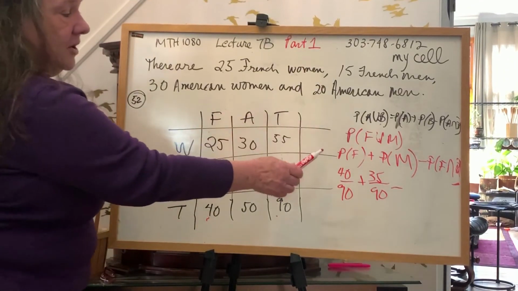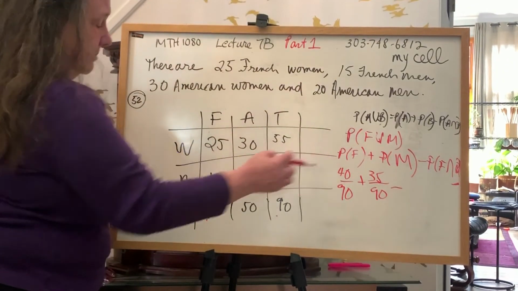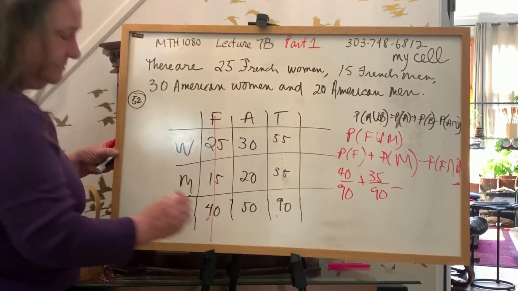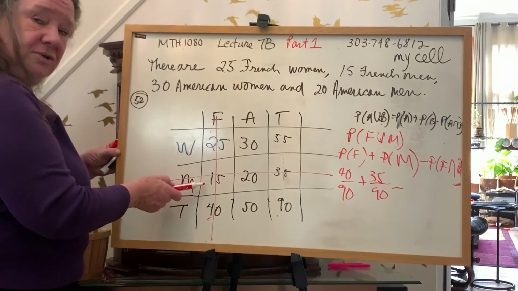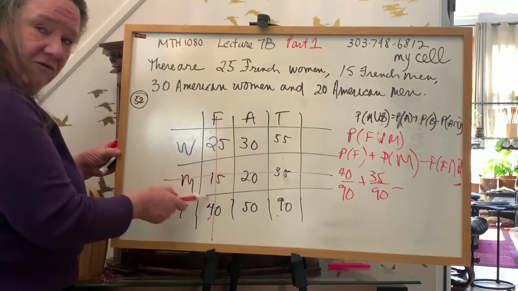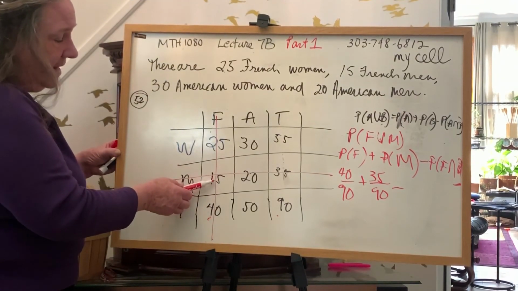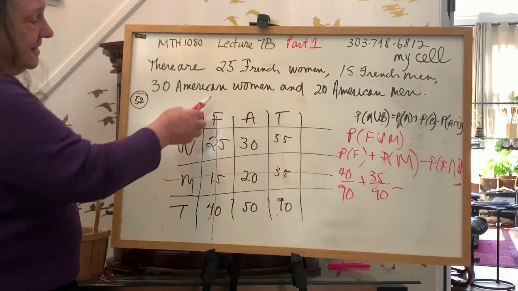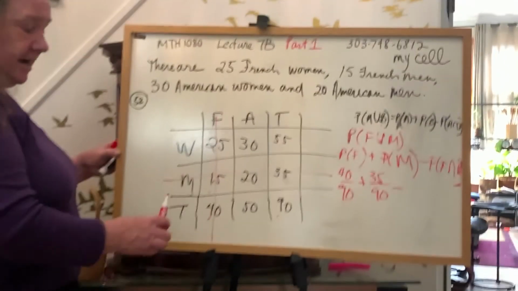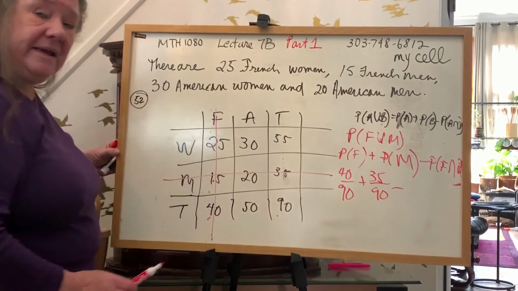Okay, well, just a minute. So I'm going to cross out in red the probability of being French, the probability of being a man. Do you see that we have one overlap here? That means these 15 French men were counted twice. They were counted in the French line and they were counted in the man line.